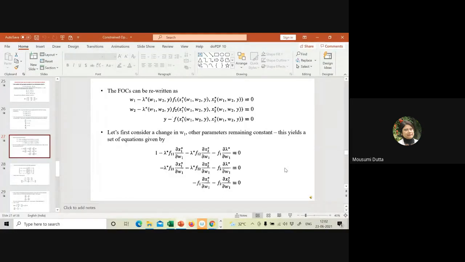The one component will come with the second equation. In the first equation, there will be no 1. In the second equation, one component will come, 1 minus.